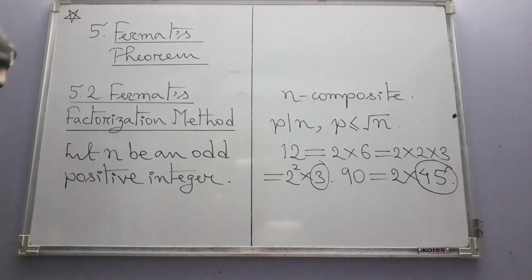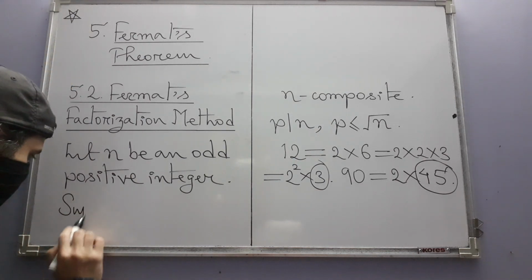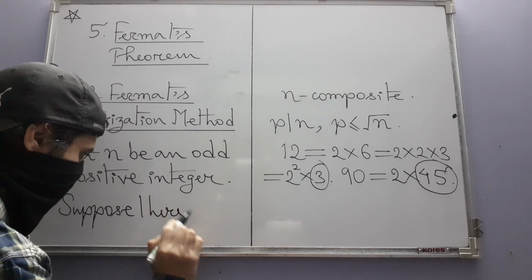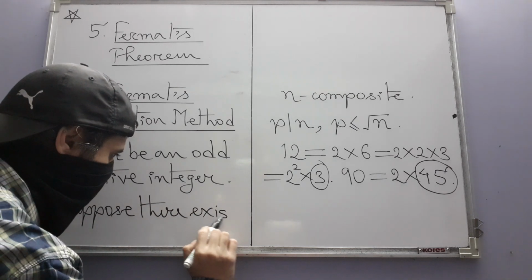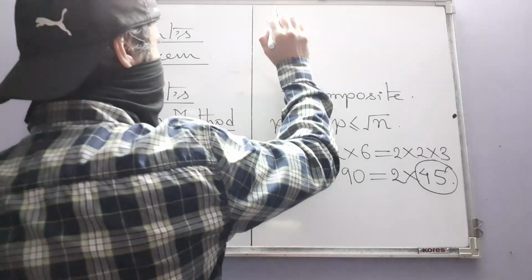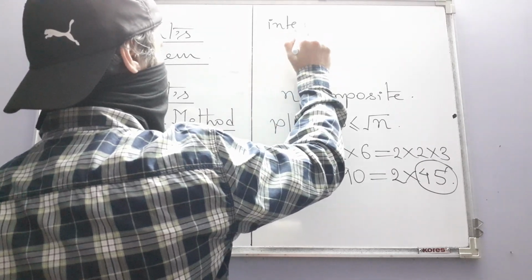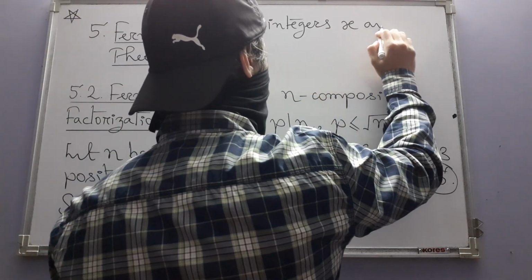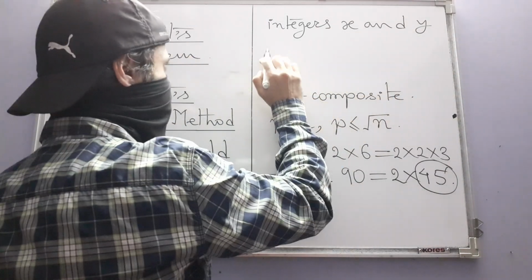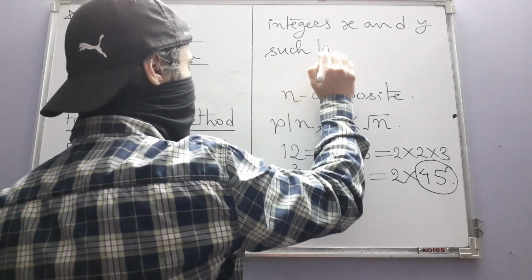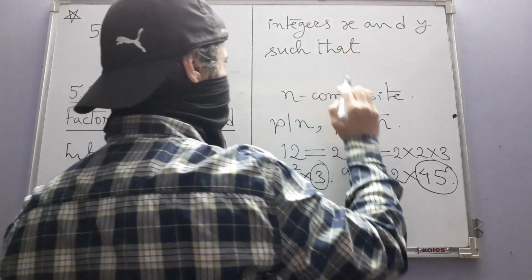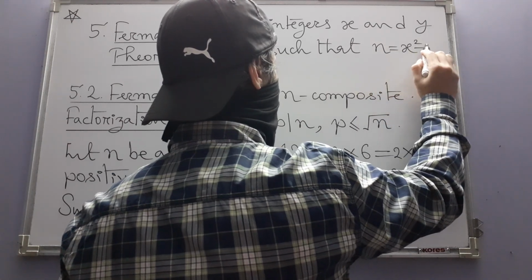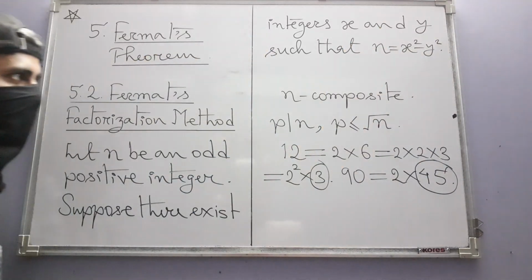Now suppose there exist integers x and y such that n is equal to x square minus y square.